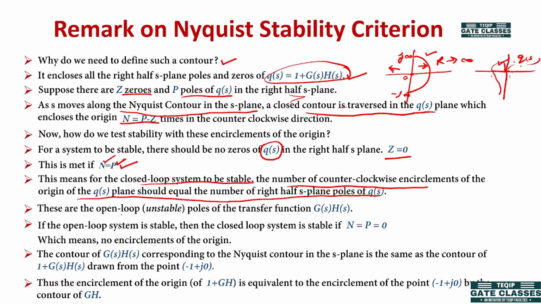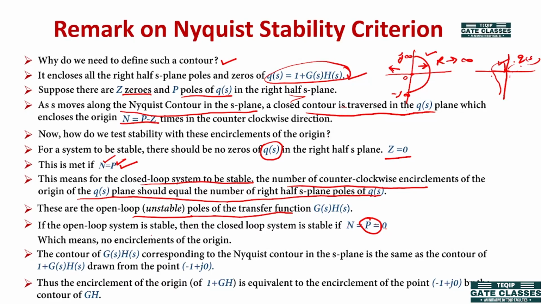Even if the open loop system is unstable, the closed loop system may be stable if n is equal to P. However, if the open loop system is stable, that means P is equal to 0, then n must also be equal to 0 for the closed loop system to be stable.